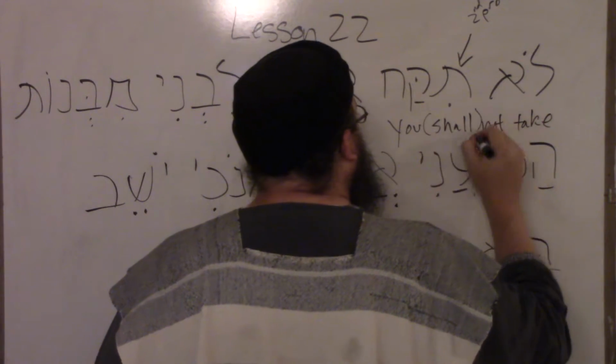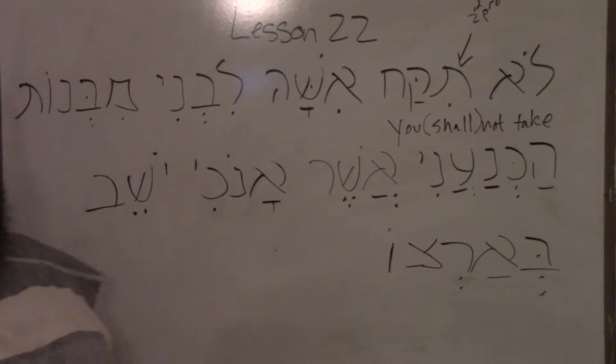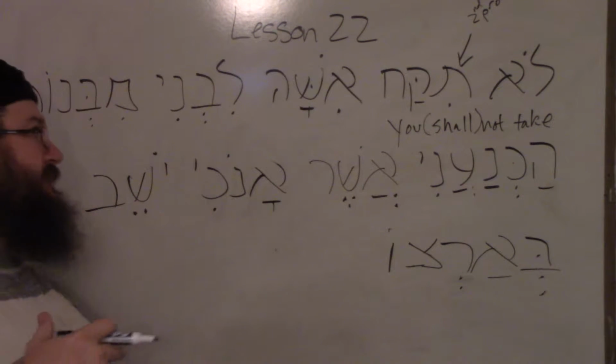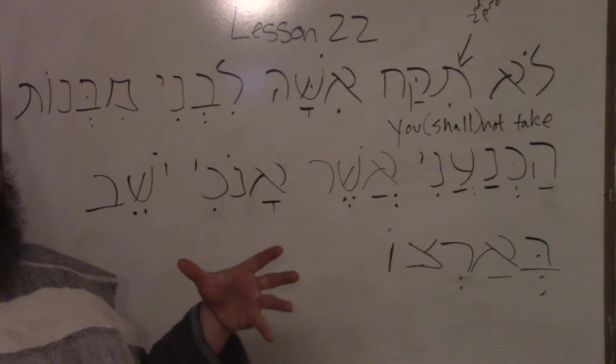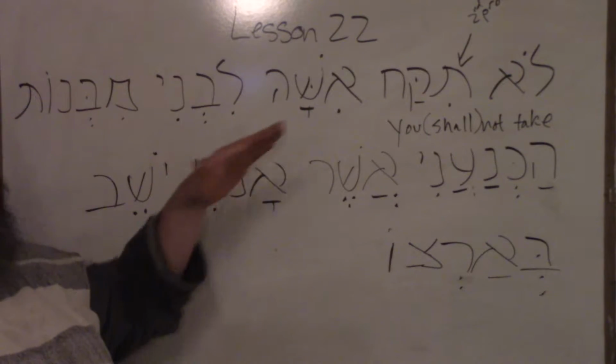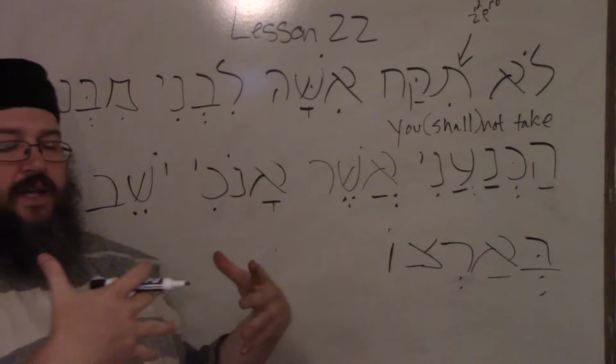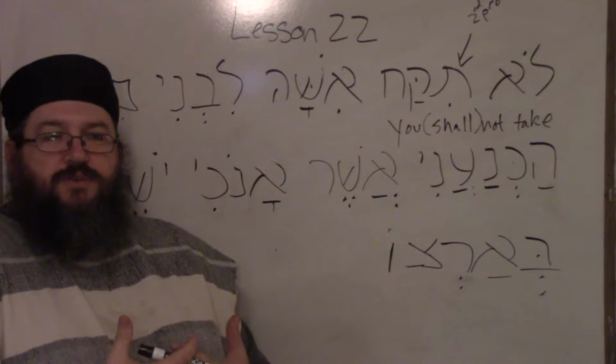Now, I like to put at times brackets around words that I know don't exist in its literalness, because when we're looking at this from a literal standpoint, there is no shall in Hebrew. Shall is a mood that's attached to the verbs.